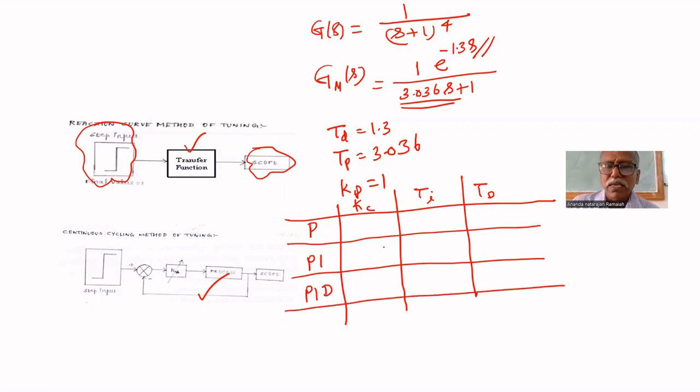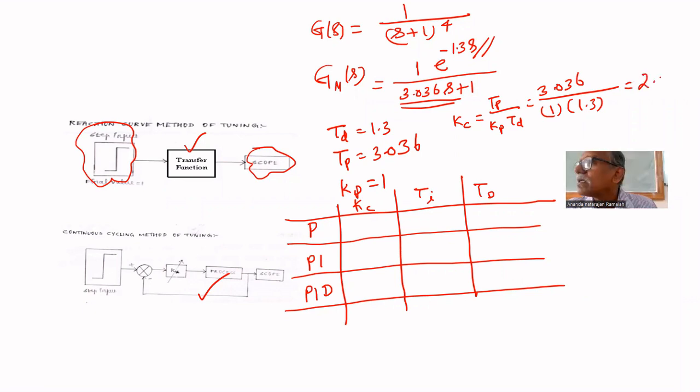For proportional only, Kc equals Tp upon Kp multiplied by Td. Tp equals 3.036, Kp equals 1, Td equals 1.3. Find the value: 2.33. For the proportional only controller there is no Ti, no Td.